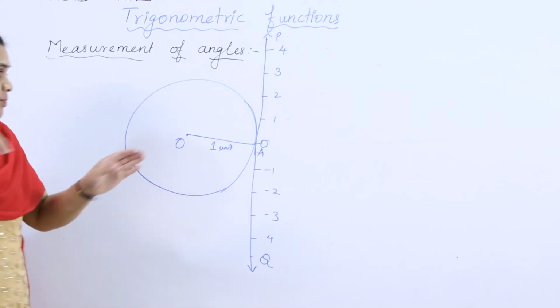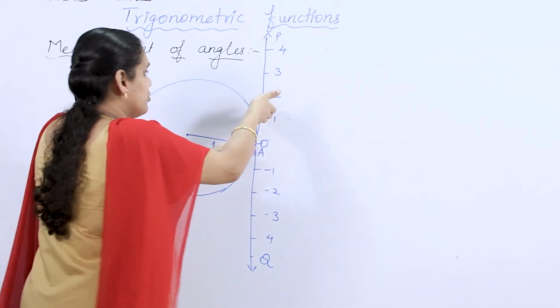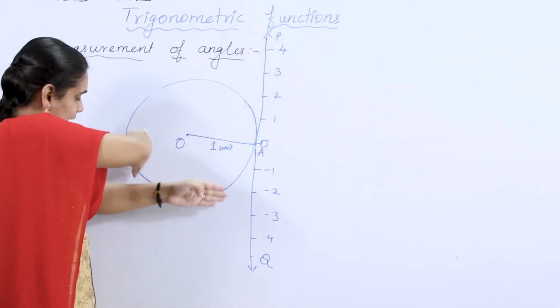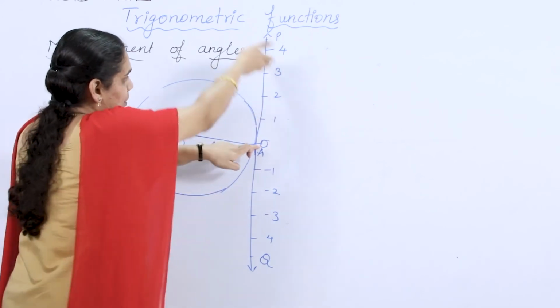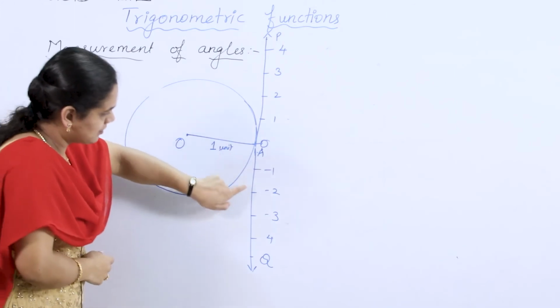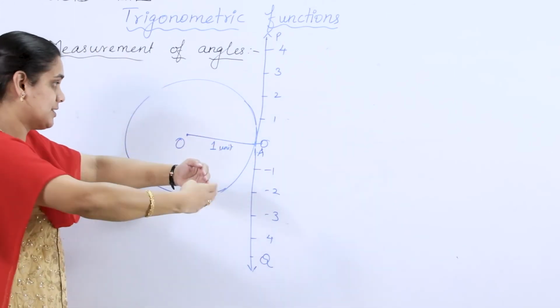If you consider this line as a rope, you rope this real number line on the circle anti-clockwise, this side, OP. And this Q you rope in the clockwise direction like this.